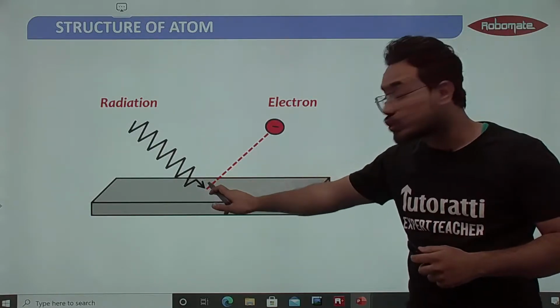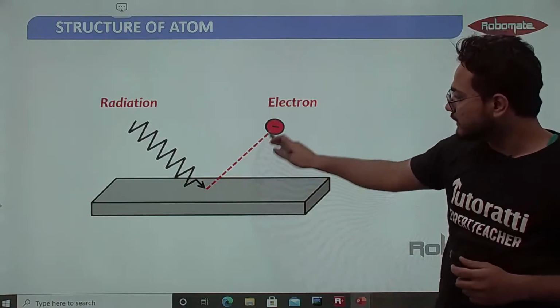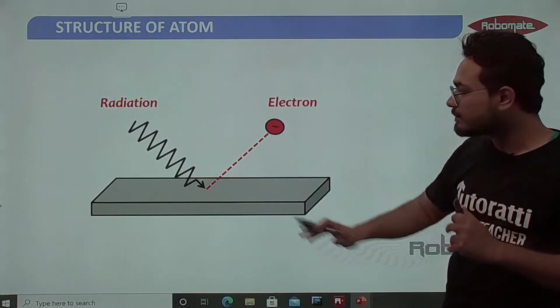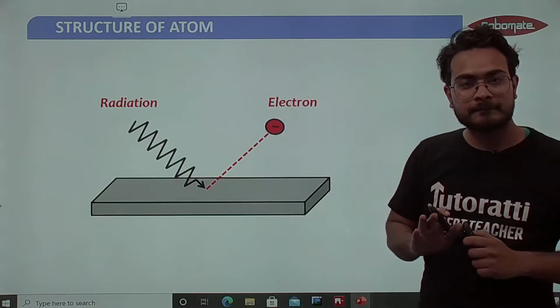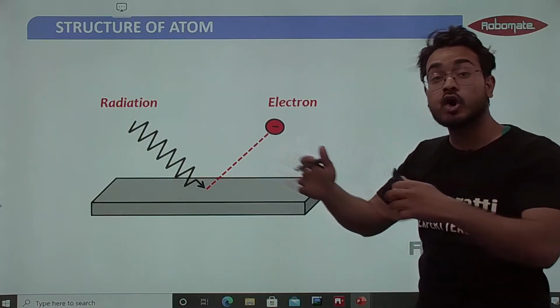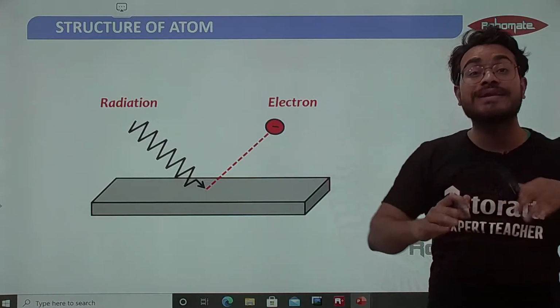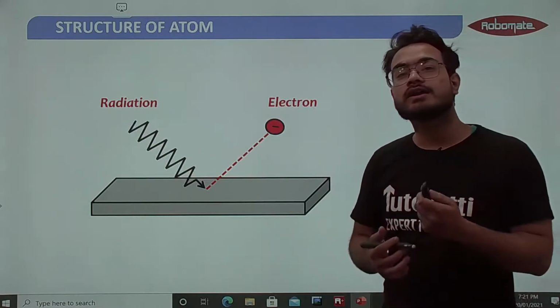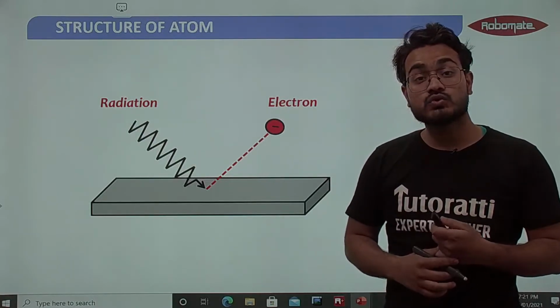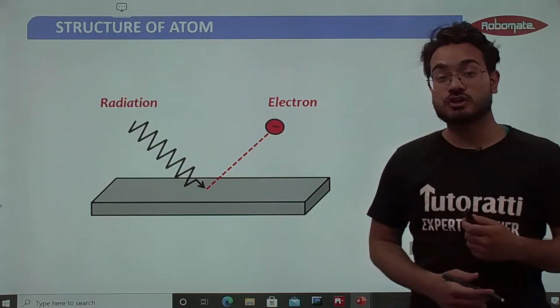Some energy will be used to overcome the bond, and the rest of the energy will be used to run away, or in this case to increase the kinetic energy. It will be used to increase the kinetic energy of the electron.